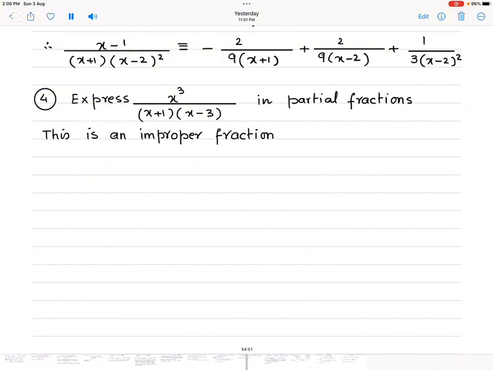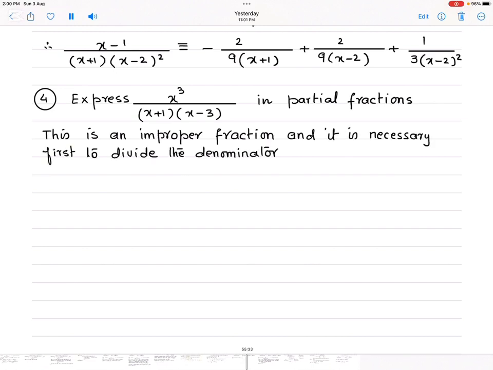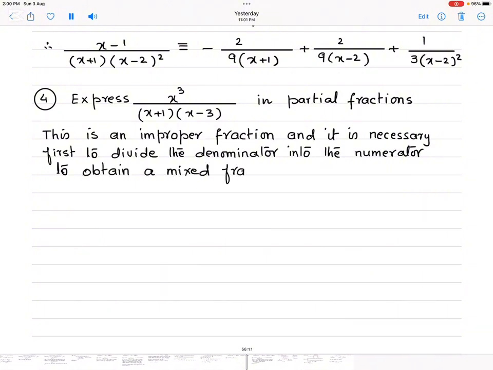This is an improper fraction, and it is necessary first to divide the denominator into the numerator to obtain a mixed fraction. So let's divide. x³ is inside and x² − 2x − 3 is outside. This x² − 2x − 3 came from the multiplication of (x + 1)(x − 3).